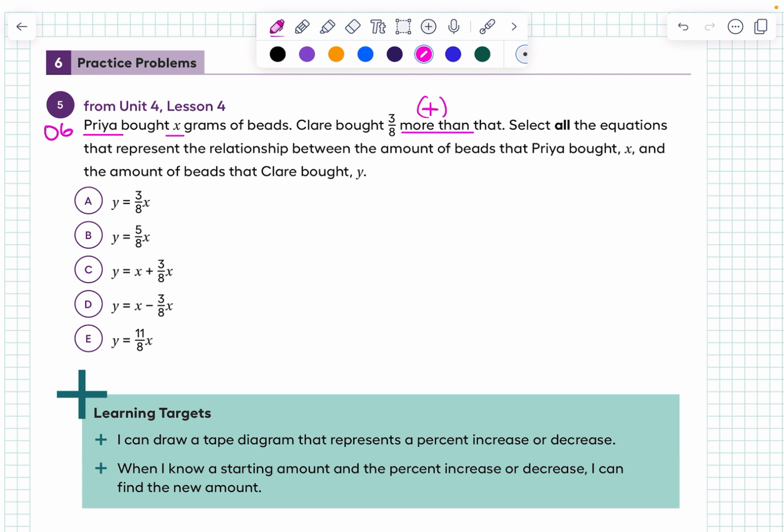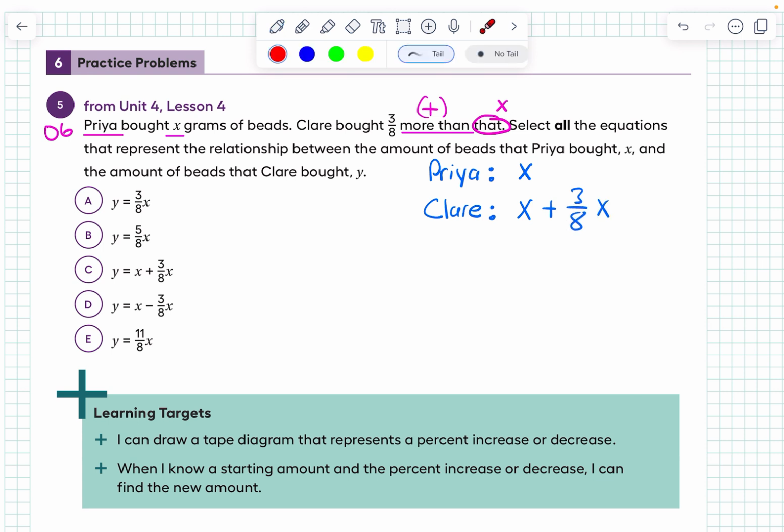Okay, so let's do this. Priya is going to be represented by X. And Claire, she bought 3/8 more than that. That they're referring to is Priya's amount, which is X. So for Claire, we're going to say it's X plus 3/8 X. And because of this 8, I'm going to do 8/8 to make life real simple and easy.